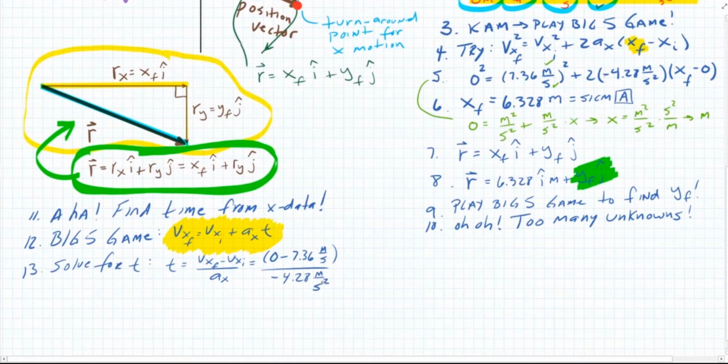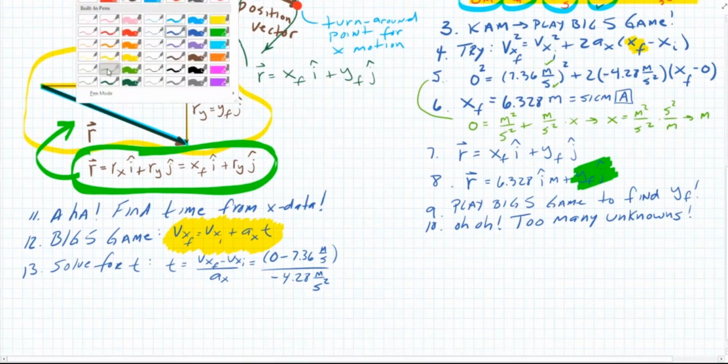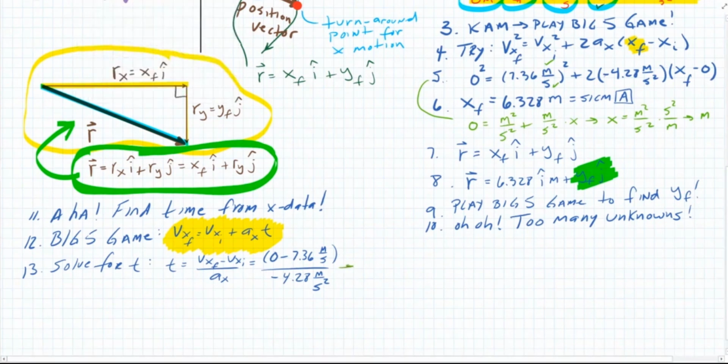Now I'm actually going to do the right thing. I'm not going to go to the calculator just yet. I'm going to do dimensional analysis because it is an exam requirement. In the numerator, I have meters per second. In the denominator, I have meters per second squared. What does that simplify to? Meters, except I said that wrong.